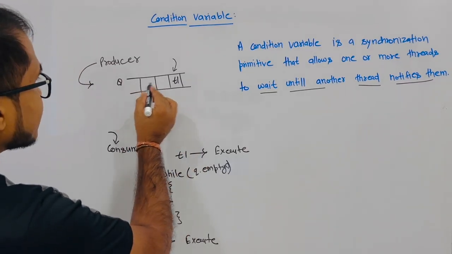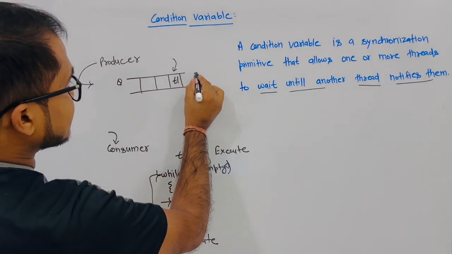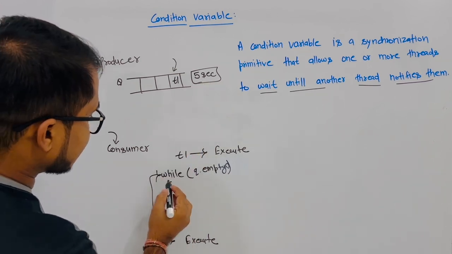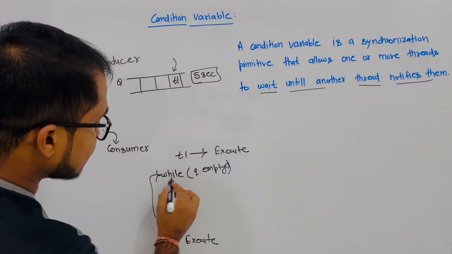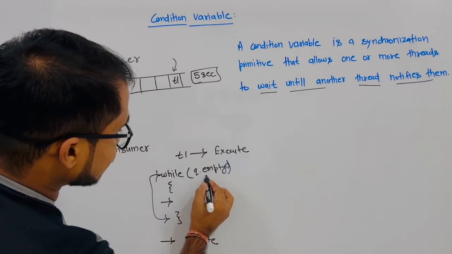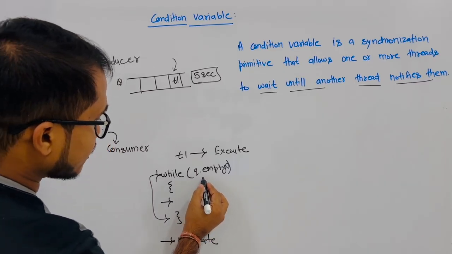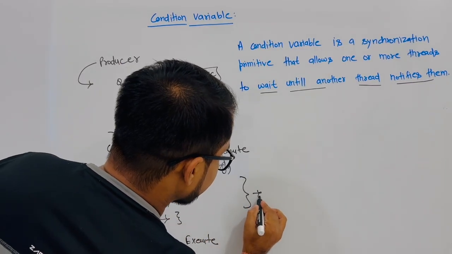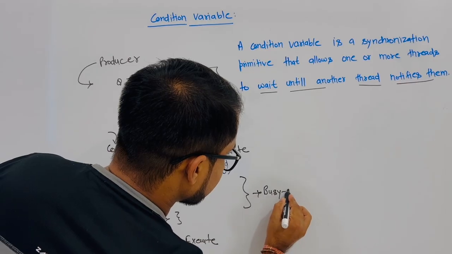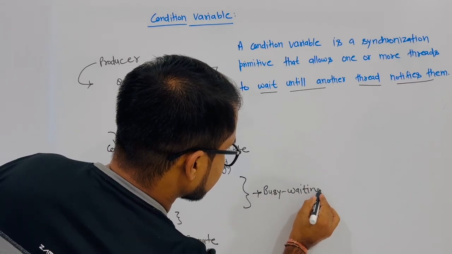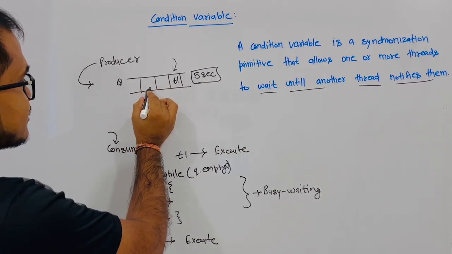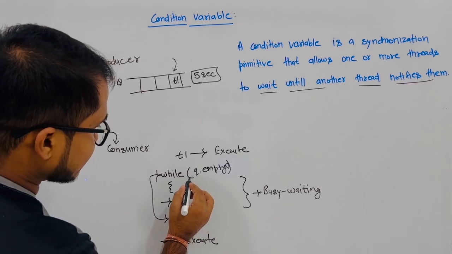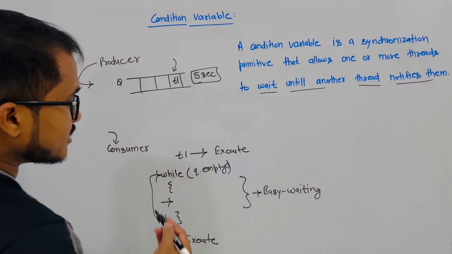Let's say this task queue is empty for 5 seconds. For this entire duration, this consumer thread will keep consuming the CPU and keep checking whether the queue is empty, queue is empty, queue is empty. This is called busy waiting. Though there are no tasks inside the task queue, the consumer thread is still wasting resources, that is, still using the CPU.